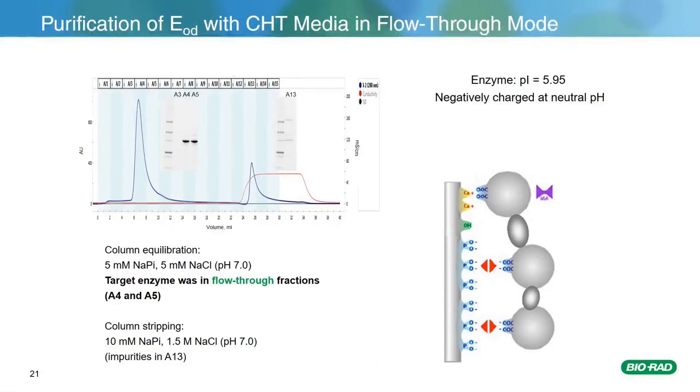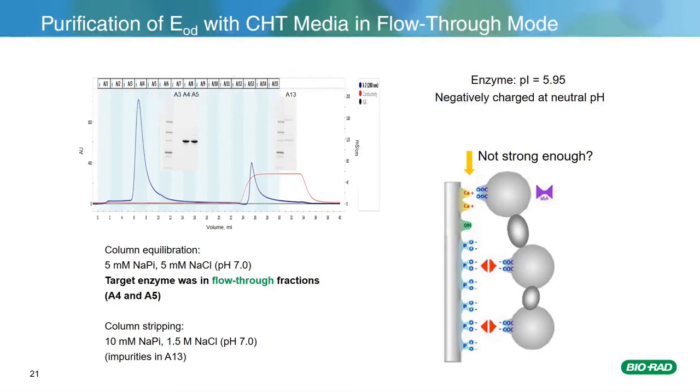With an acidic pI, this enzyme should carry negative charges at neutral pH. We anticipate a strong repulsion between the phosphoryl groups on CHT and the carboxylates of the protein in the absence of calcium ion and sodium chloride in the binding buffer. This was confirmed by the DOE screening and modeling. So we also tried to purify the enzyme in a flow-through mode.